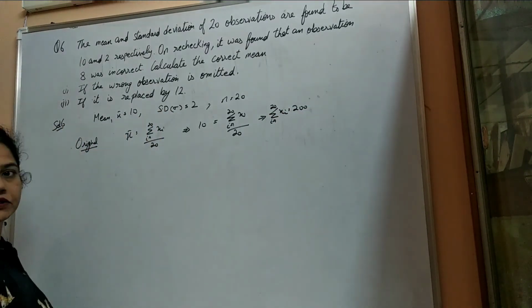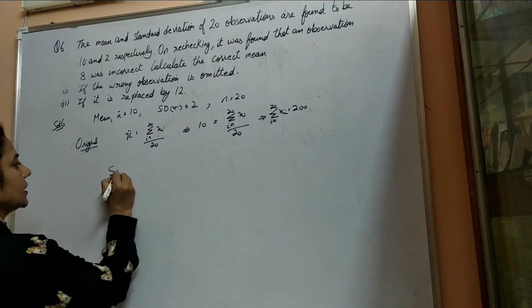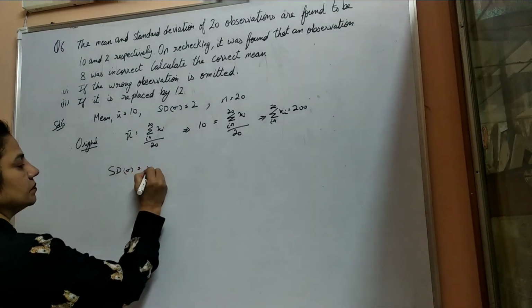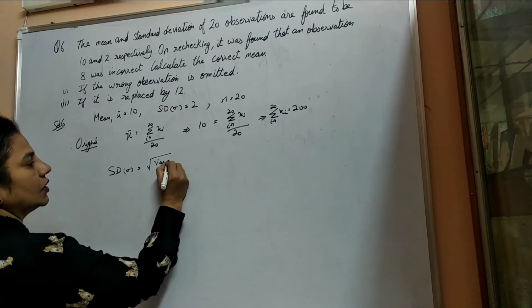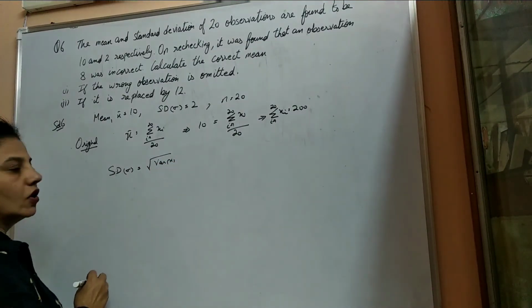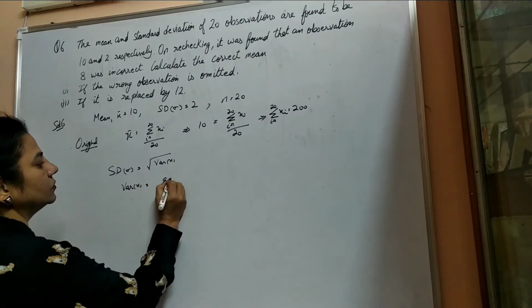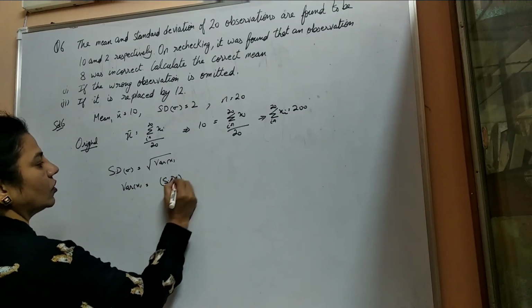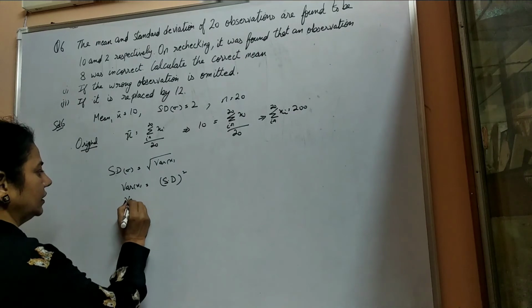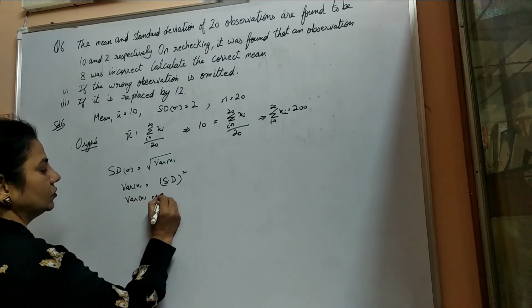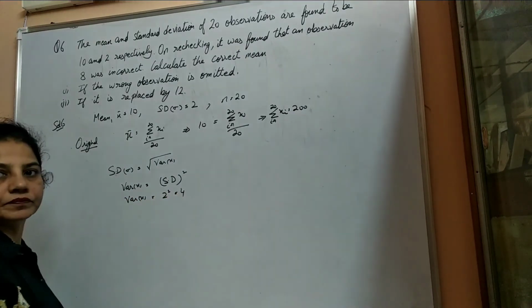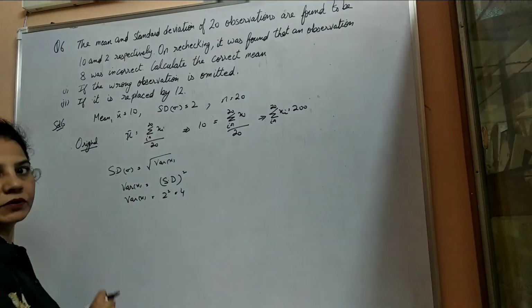Standard deviation we know is 2. Standard deviation is basically square root of variance, or you can say variance is equal to square of standard deviation. So variance is equal to 2 square, which is equal to 4, as standard deviation is 2 given to us.